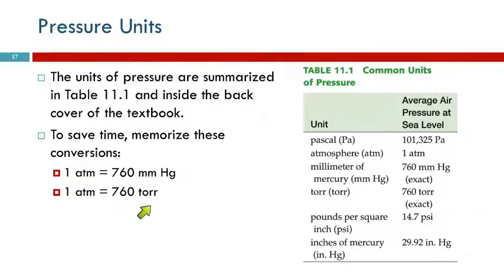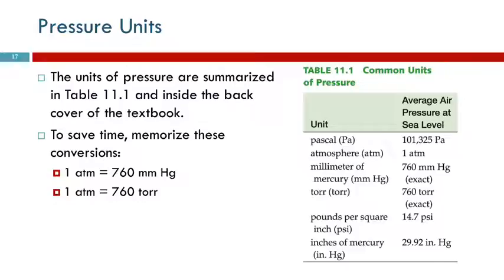So 760 torr, 1 torr is exactly the same as a millimeter of mercury. But somehow we use torr, but we have not been able to give up millimeters of mercury. I think because you look at the illustration and it just makes so much sense. So unfortunately, we've got both of them to deal with.